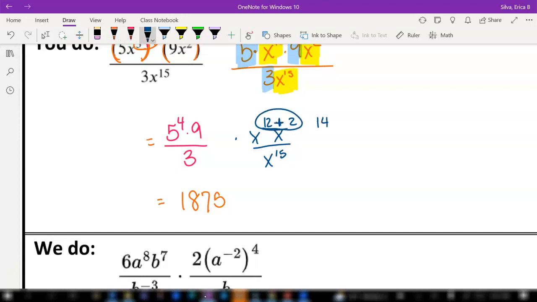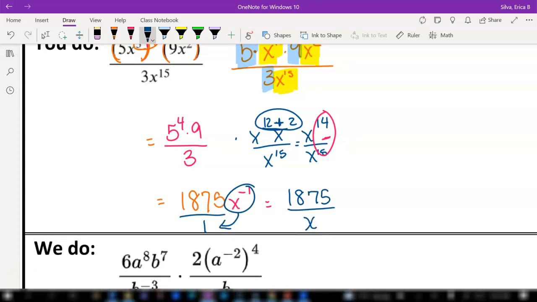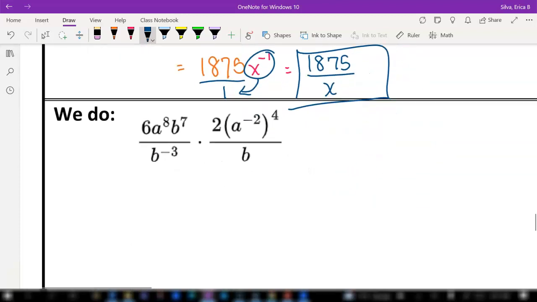So that gives us 14. And then we're going to use our quotient rule, which tells us we're going to subtract. So this is really 14 minus 15. That gives us x to the negative first power. Any whole number has a denominator of 1. So we're going to move this one to the bottom. And we don't have to write the 1. So here's our simplified expression.